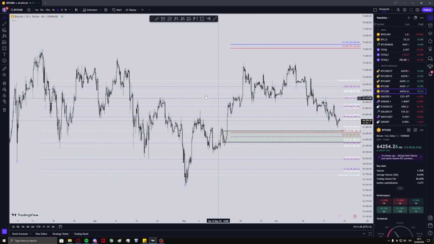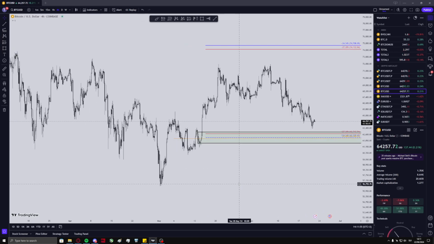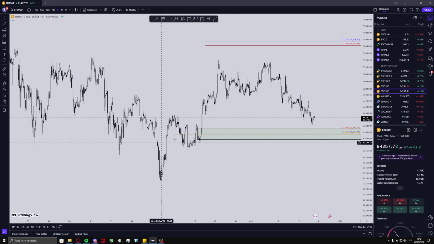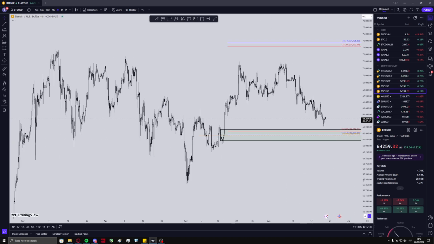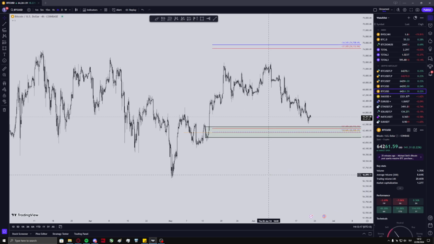It's because fibs tend to cluster in certain areas on the chart, and those areas will be the strongest on the chart. So that's why I like fibs so much, because you can find so many to try and get a nice area of a potential reversal, right? It's really useful in my opinion.